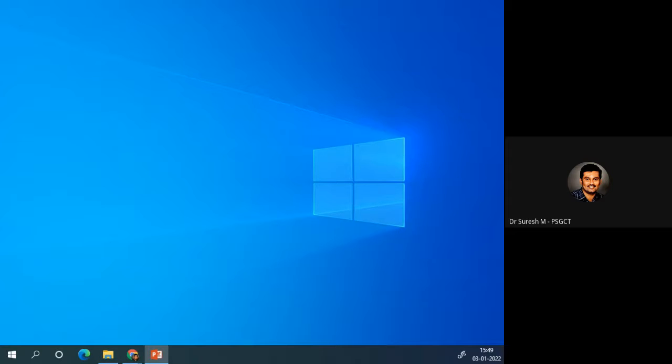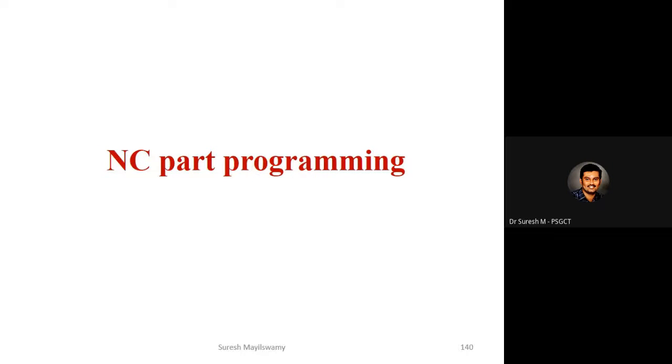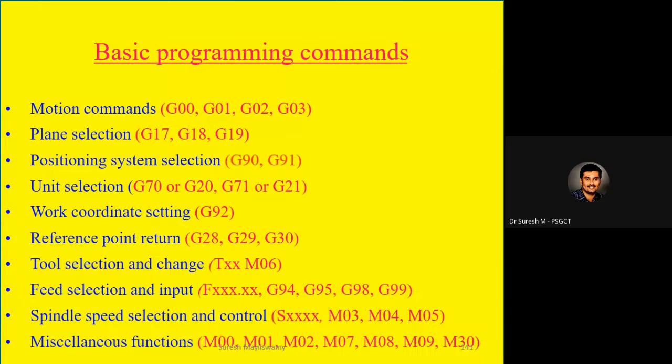So now we will enter into the NC part program. So these are the basic programming commands. We need motion commands, plane selection commands, positioning system selections, unit selections, work coordinate setting, reference point return and return from reference points, tool selection and change of tools, feed selections and input for the feed, spindle selections and miscellaneous functions.